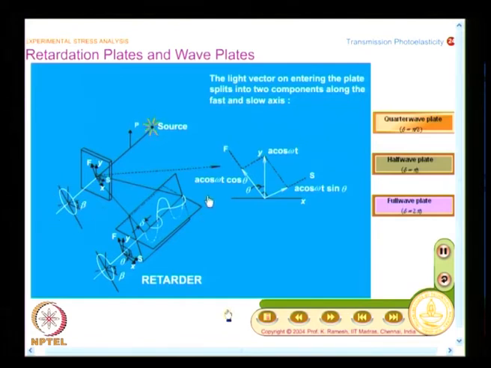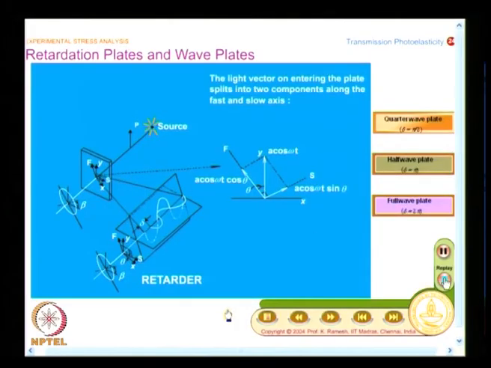I know that within the crystal plate I have two rays travelling, one plane of vibration is in this plane, another in the plane perpendicular to it. They acquire a phase difference delta, and we have just now seen, if I have two simple harmonic motions with a phase difference which are mutually perpendicular, I get essentially an ellipse. If you understand this, the whole of photoelasticity is mastered.